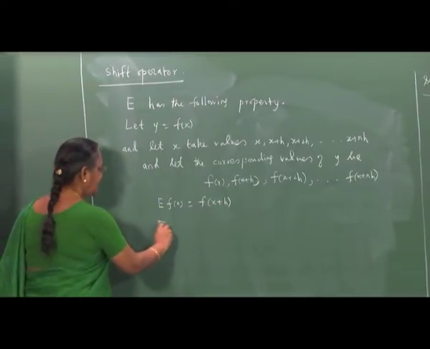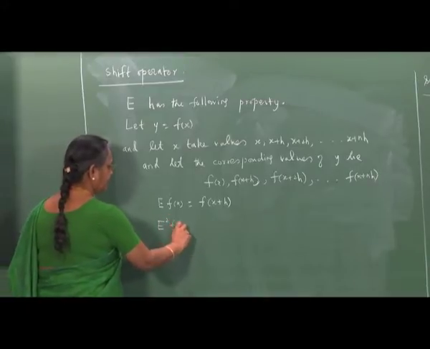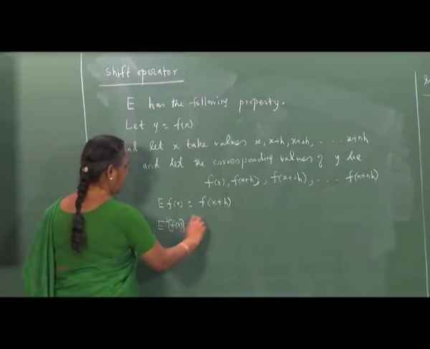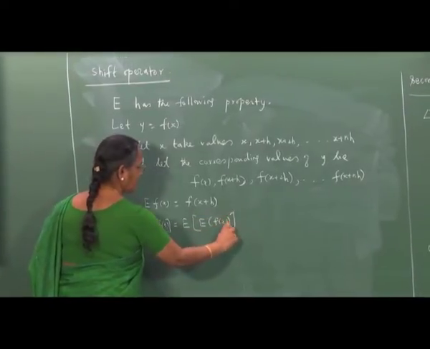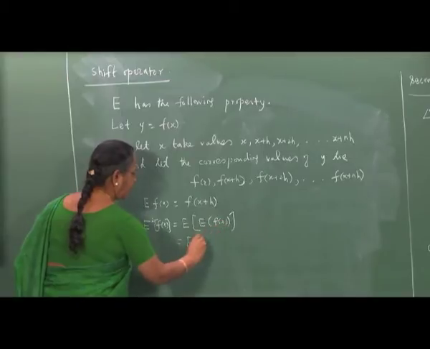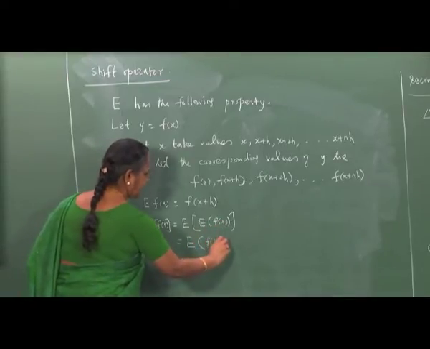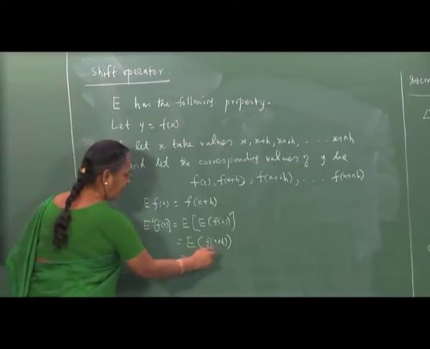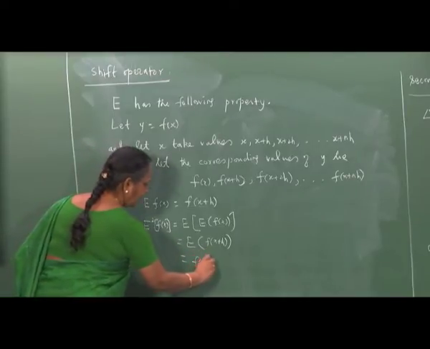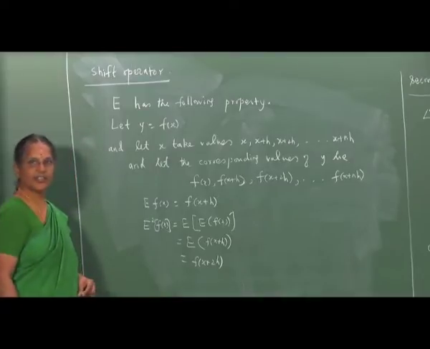And what is E square on f of x? It is E on E of f of x, but E on f of x is f of x plus h. And what is the property of E? E on f of x plus h is f of x plus 2h.